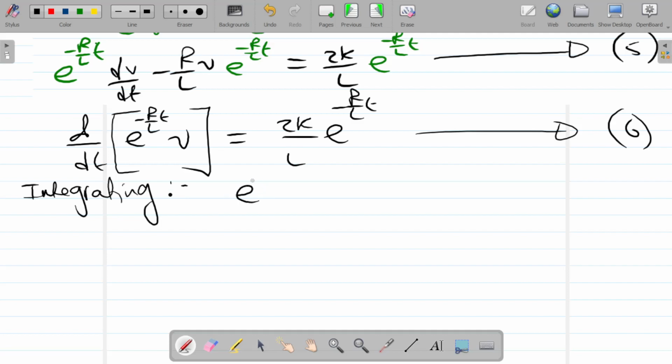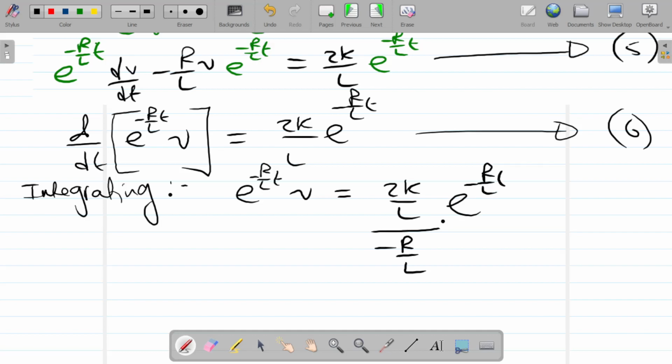So we get e to the minus r over L t times v equal to 2k over L, and then we integrate the e to the minus r over L t term, so we get a minus r over L term there, times e to the minus r over L t plus a constant c. And there we are.